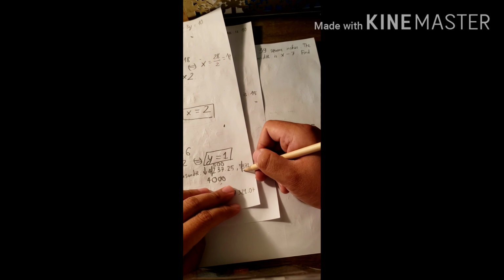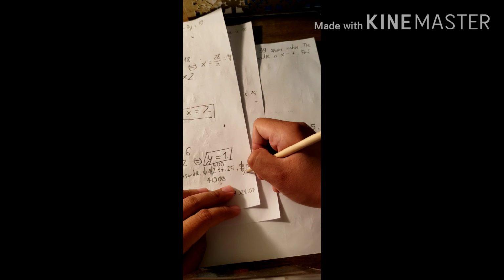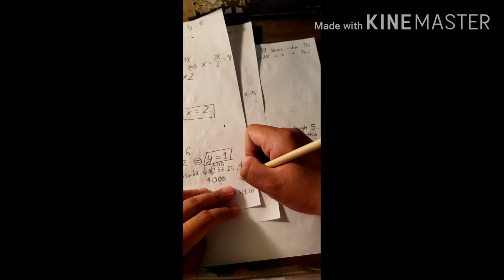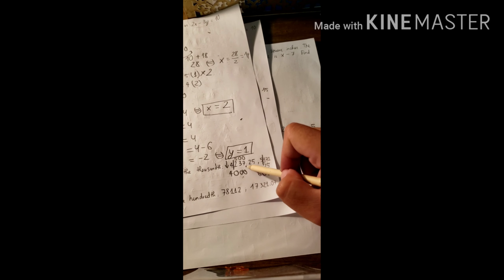In here, 871 is higher than 500. Because the 8 is higher than 5, we round up, so that is 6000. We need to know how to round numbers because this is on the test too.